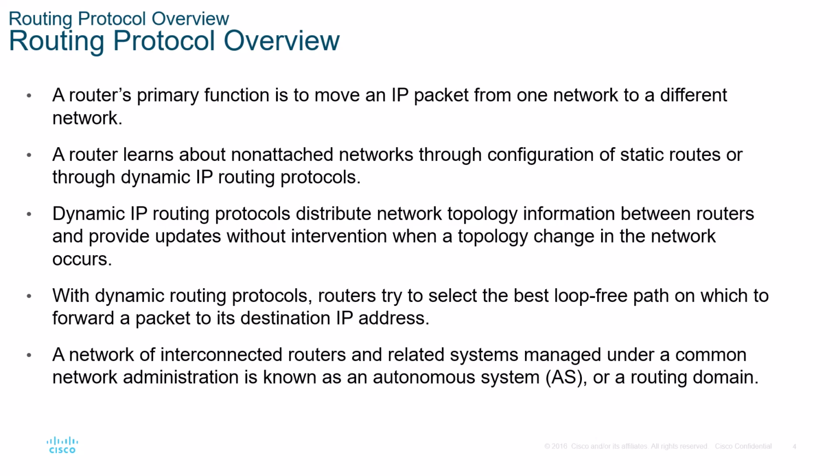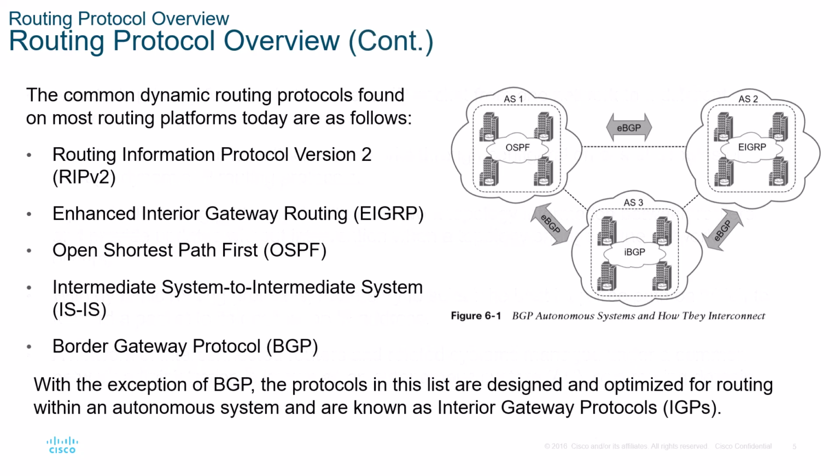Networks that are interconnected routers and related systems managed under a common administration are typically known as an autonomous system, or an AS number, sometimes referred to as a routing domain. Basically, I look at these as spheres of domain or spheres of management. And that'll make more sense on the next slide. So we may have one company with one AS number, and that is going to be different than another company's, but they still have to be able to share information.